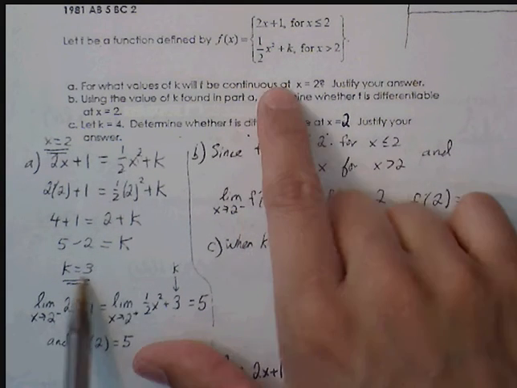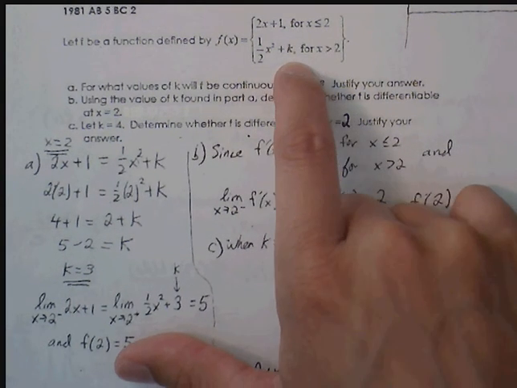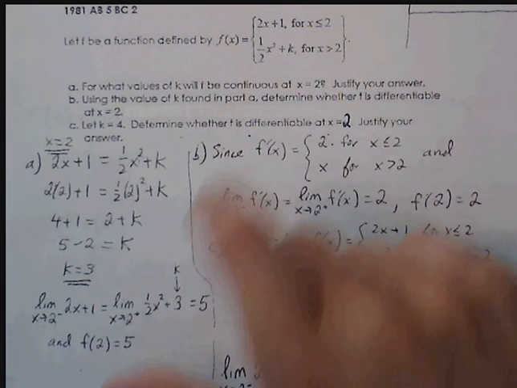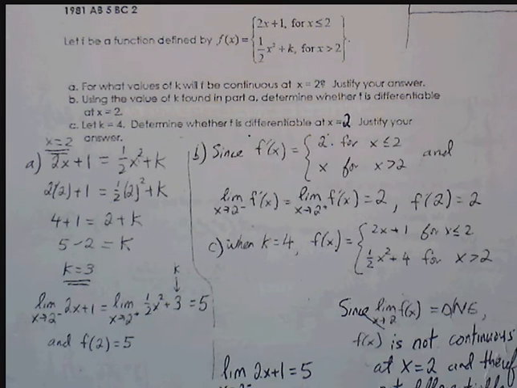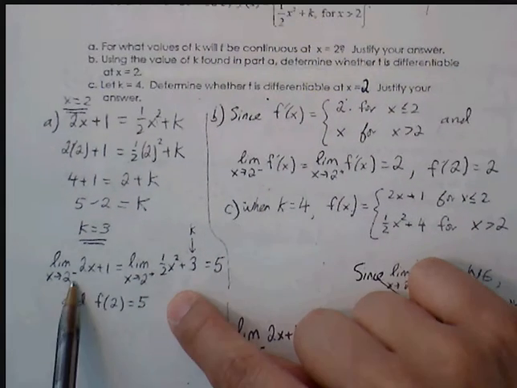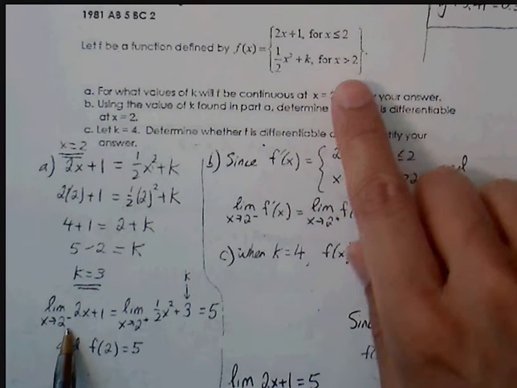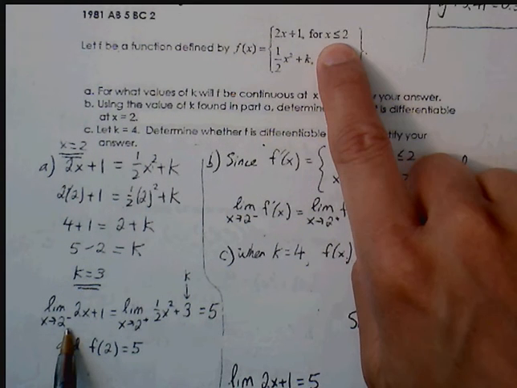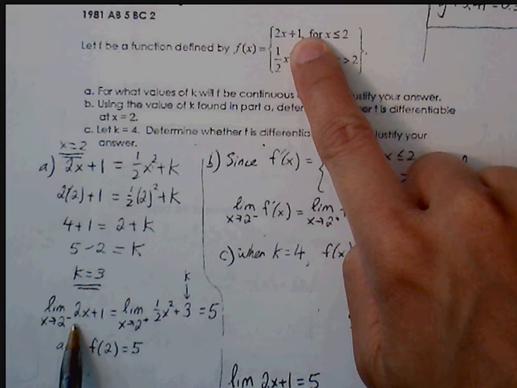Now let's replace k with 3 and make sure that both piecewise functions approach the same y value when x is equal to 2. We'll find the one-sided limits. The limit as x approaches 2 from the left side for 2x plus 1 will be 4 plus 1, which is 5.